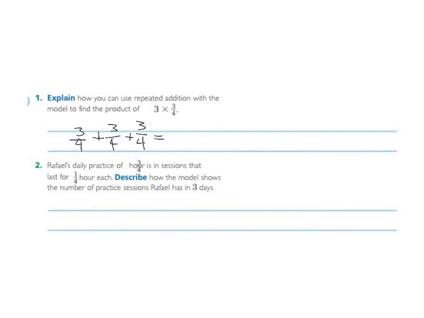And if we add all of our numerators together, that would give us 9/4. Or we can also multiply our whole number by our numerator. 3 times 3 is 9, and our denominator is 4, 9/4.